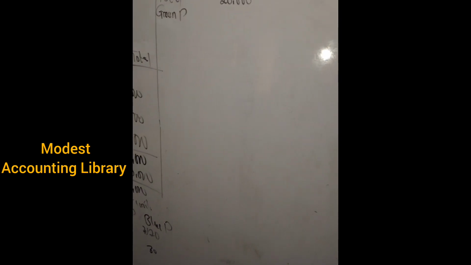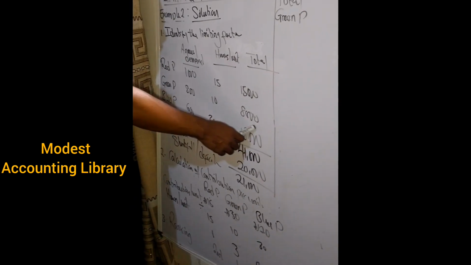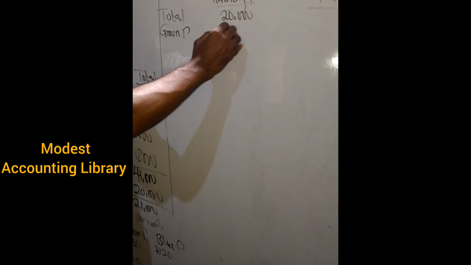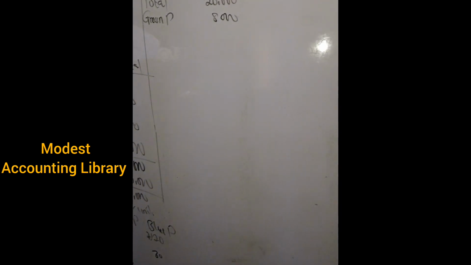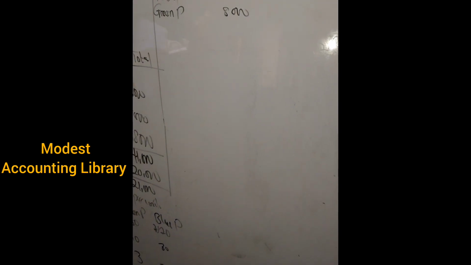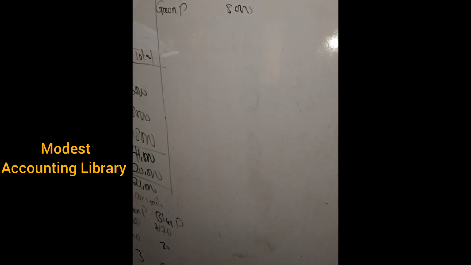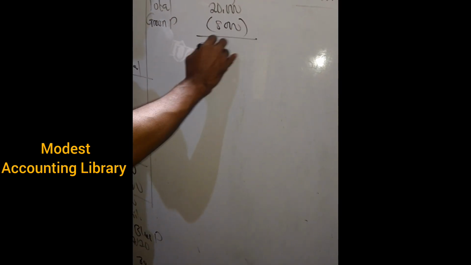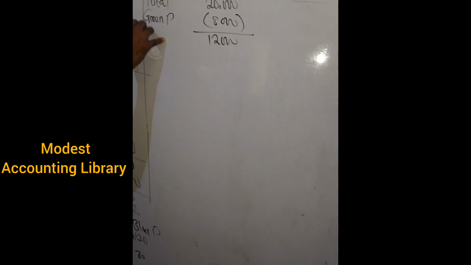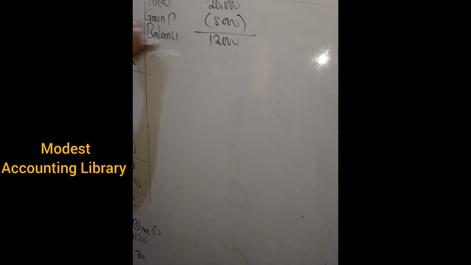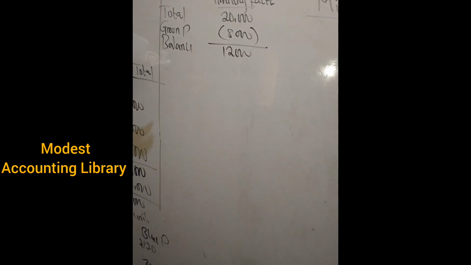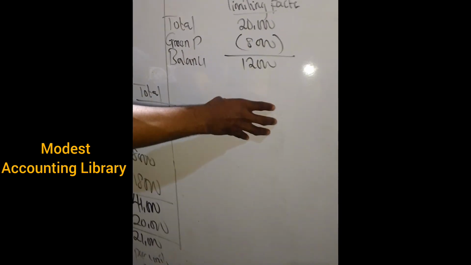How many does green P require? In total, green P requires 8,000 for this production. So I'm going to use 8,000 of green P as a material. If I subtract it, it will remain 12,000. So this is the balance. I have taken 8,000 for green P, so 12,000 is now available.